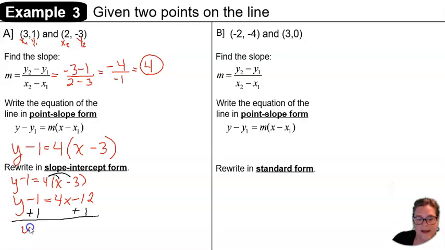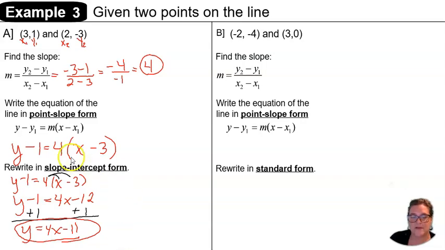And now y is equal to 4x, -12 plus 1 is a -11. And that's slope-intercept form. So first we found the point-slope form of the line. Then we rearranged our terms to get into slope-intercept form.